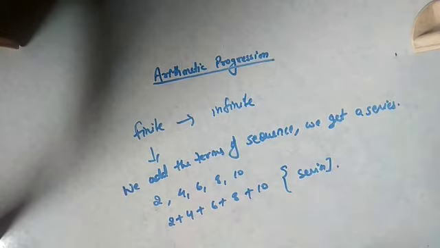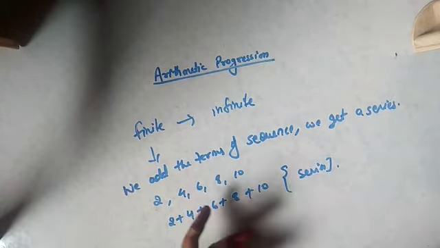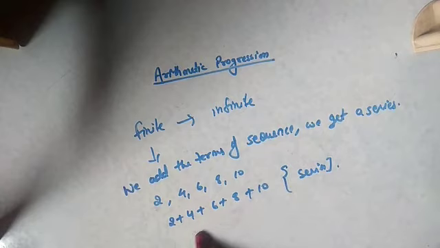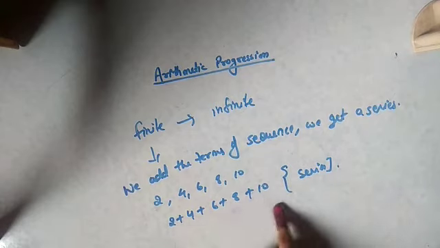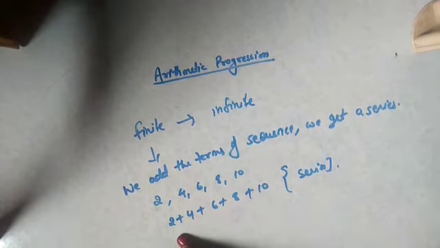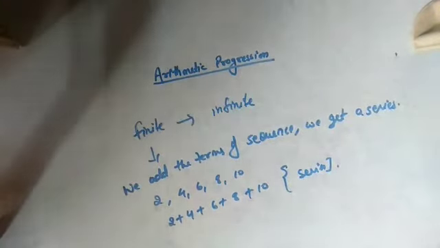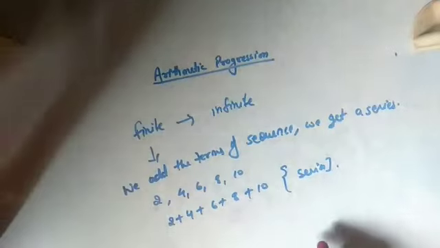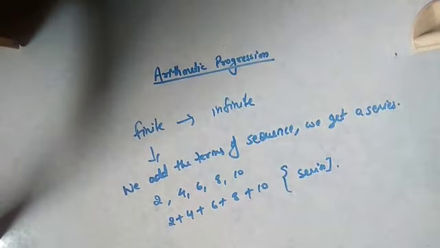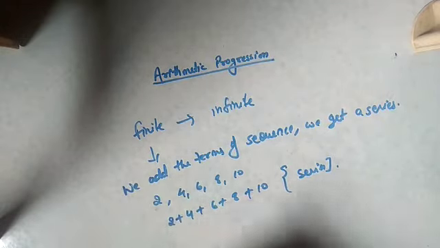Okay, and this series can be also finite or infinite. Like here, the number of the elements, or you can say the collection, we can count that 1, 2, 3, 4, 5 numbers are there in this series. So it is a finite series. And if you are not able to count, it has endless numbers, then it is an infinite series.